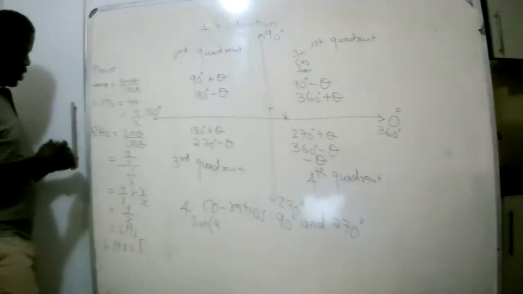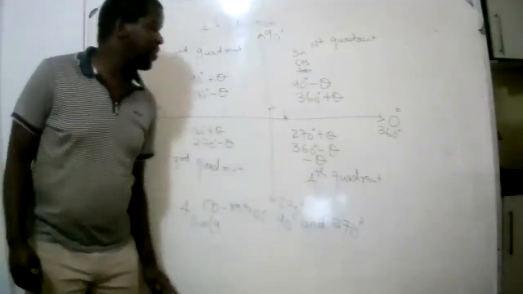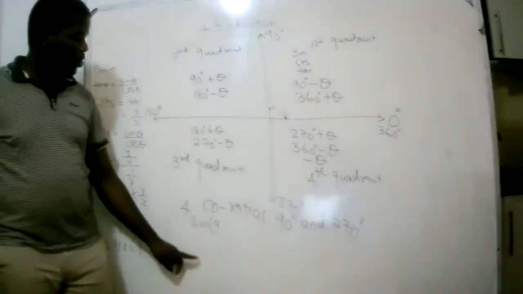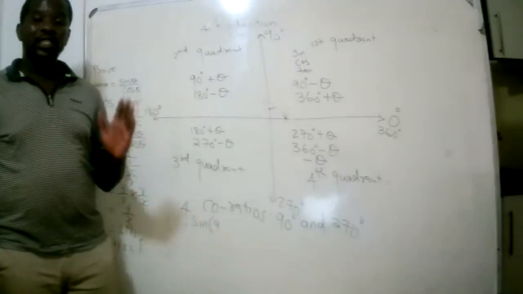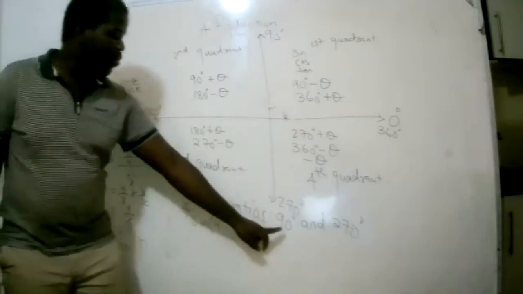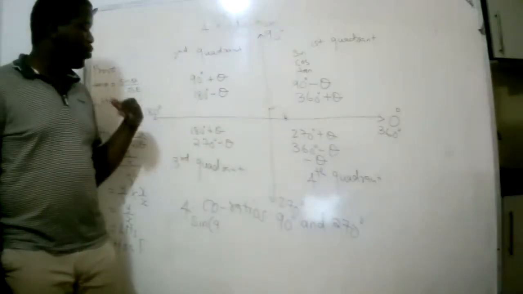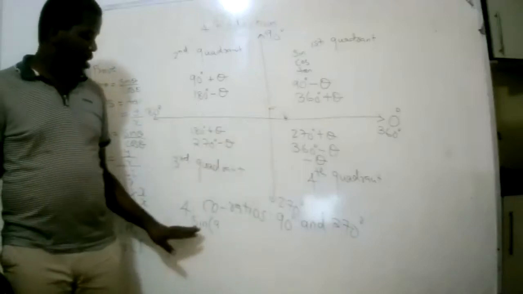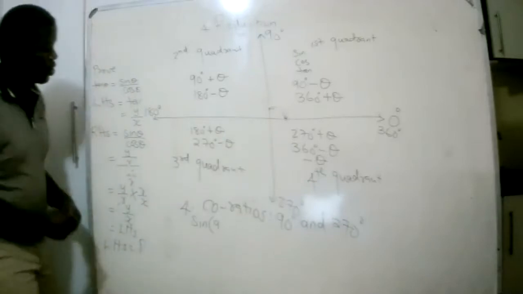These are what is called the core ratios, because at 90 degrees and 270 degrees, sine, cos, tan, they change. Sine, cos, tan, they change whenever we have 90, whenever we have 270. But if we have 180, we have 360, sine, cos, tan, they don't change. So let me show you what I'm talking about.